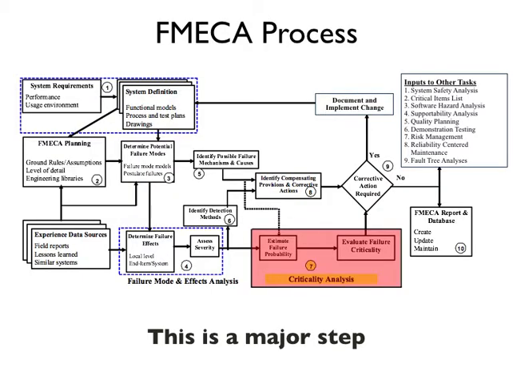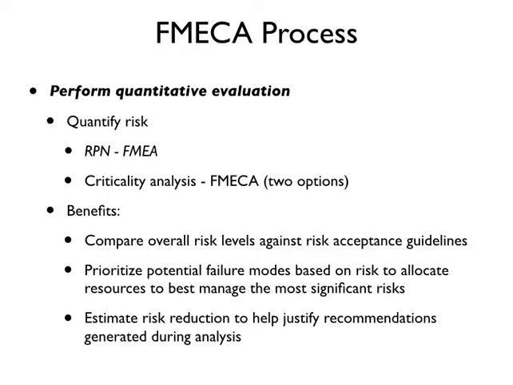Step 7 is what we're calling the criticality analysis here, but it's really the step in which we quantify the risk of all the failure modes. And this is the key step that segregates FMEAs and FMECAs. So I'll talk a little bit about each of them individually.